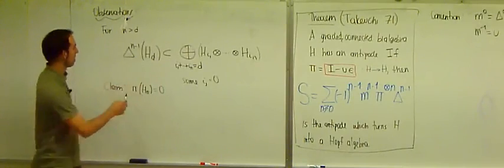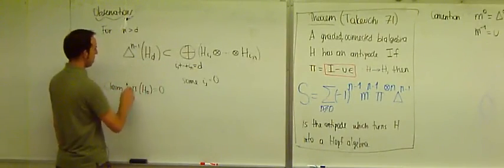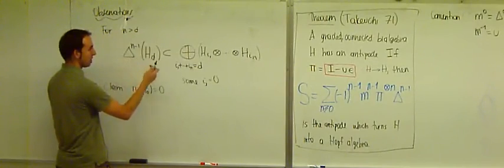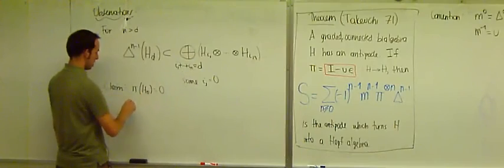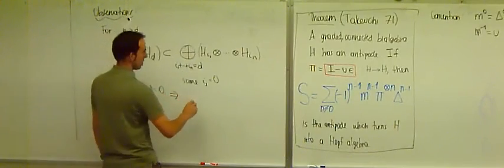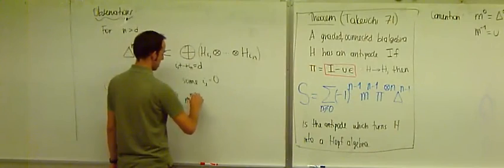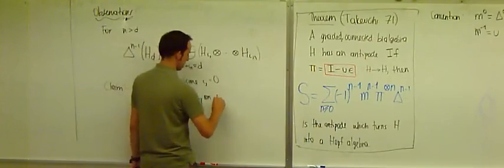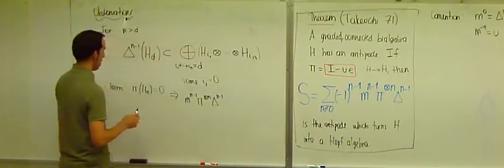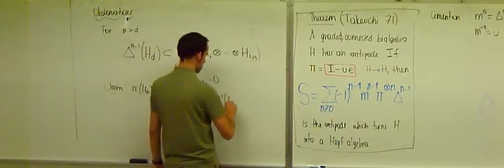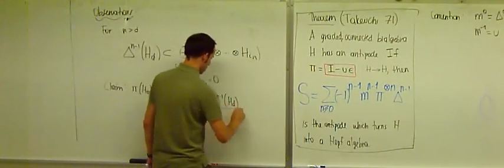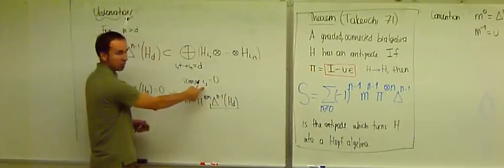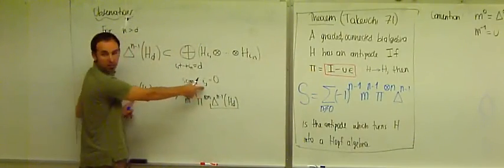And if that's the case, that means that if I apply m to the n minus 1, pi tensor n, delta to the n minus 1 of hd, each one of these things has a term that has degree 0, and pi kills it.